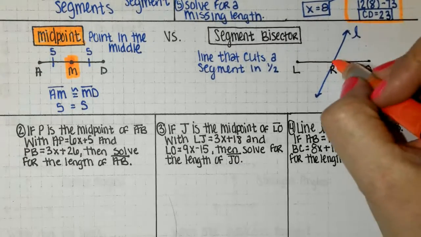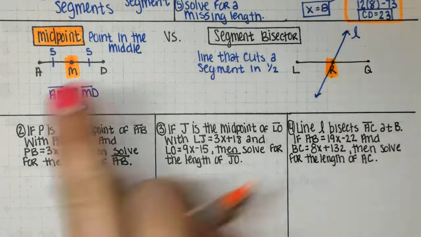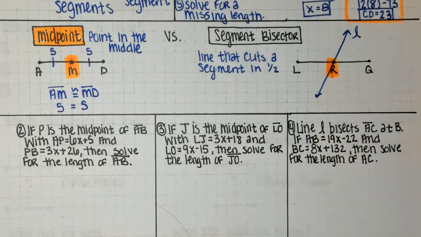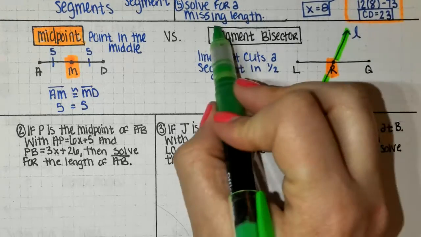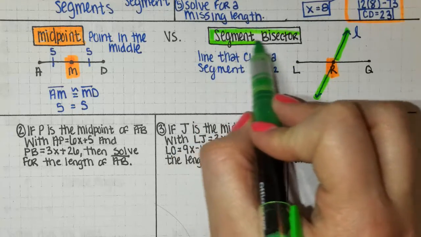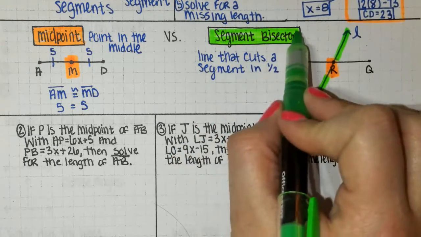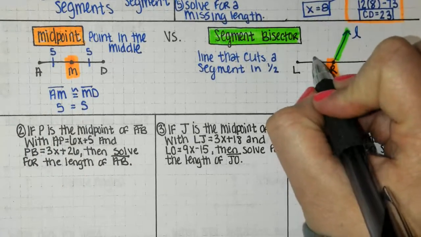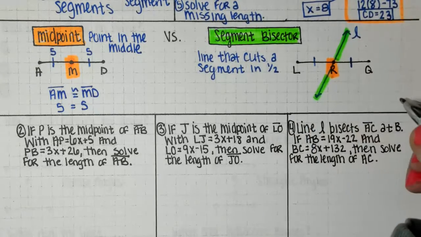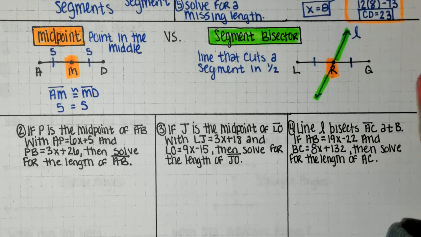So point R in this picture is actually still a midpoint. However, the line itself, line L, is referred to as the segment bisector. So the line L is the segment bisector. Point R is a midpoint. So what that means is the length of LR and RQ, they are the same because it cuts through the middle.